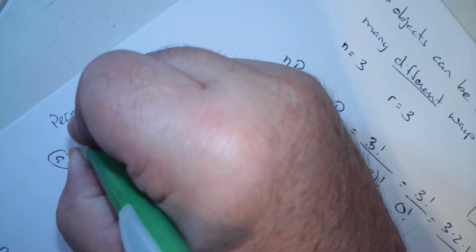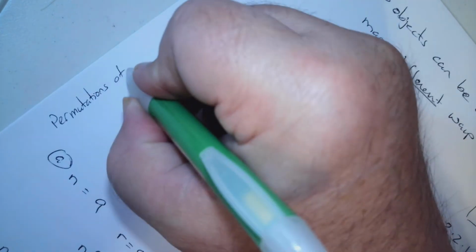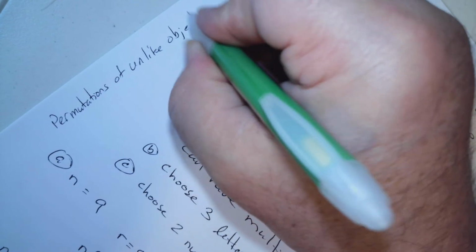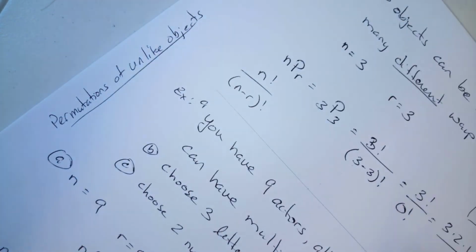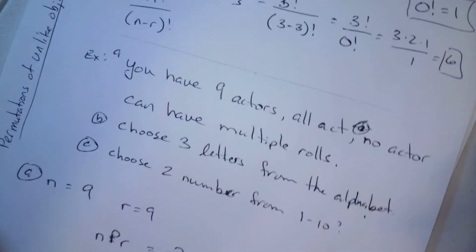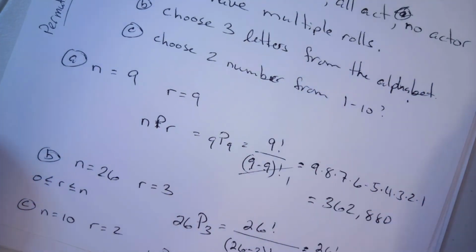Okay, these are all permutations of unlike objects, because you have 9 actors, not all the same person. Each letter is different. You have different numbers.